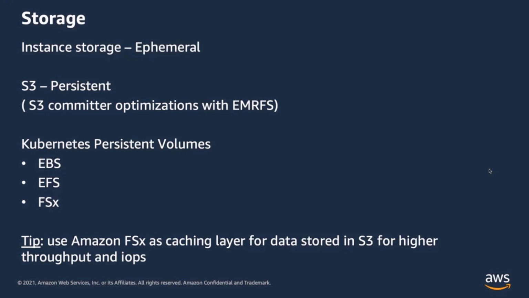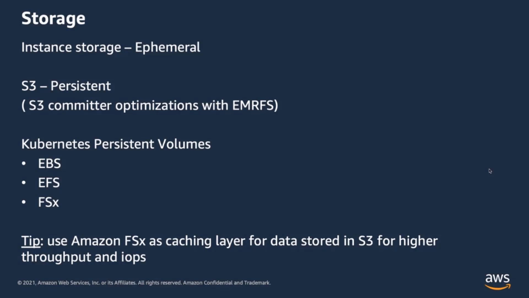When you run a Spark job with EMR on EKS, we talked about how EMR on EKS creates a pod specification for the driver and executor pods based on your input request, right? When it's generating the pod specs, it creates an emptyDir, which points to the storage on the EKS worker node.